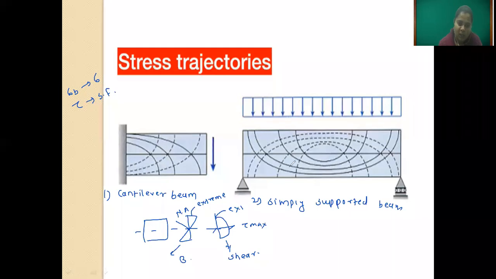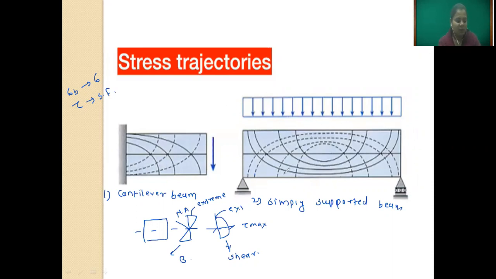So you observe here these lines are drawn, and these lines show how principal stresses vary from point to point. And these curves are orthogonal. So this is called a stress trajectory. Stress trajectory means we have to draw orthogonal curves, and these curves represent the principal stresses at various points. So this is called stress trajectories.